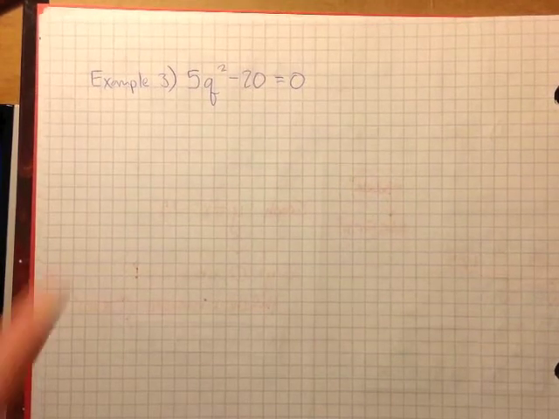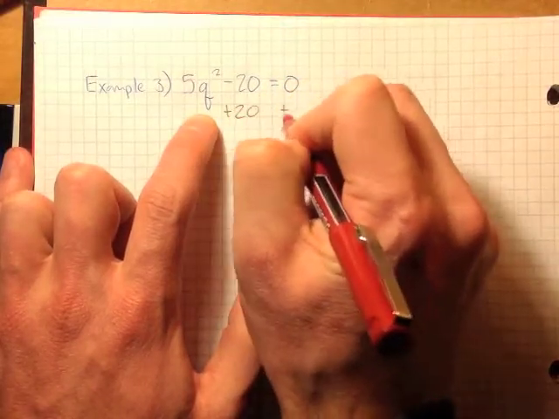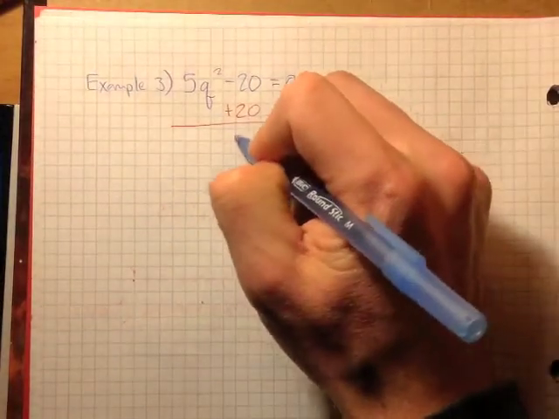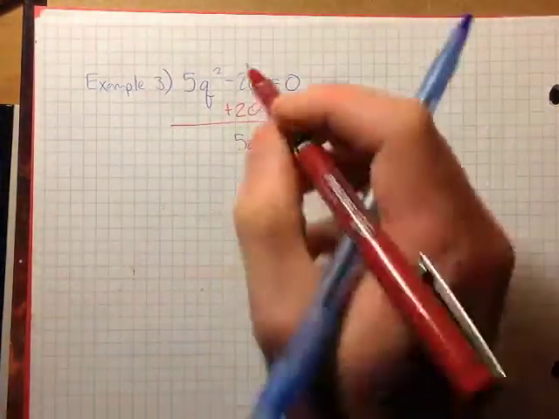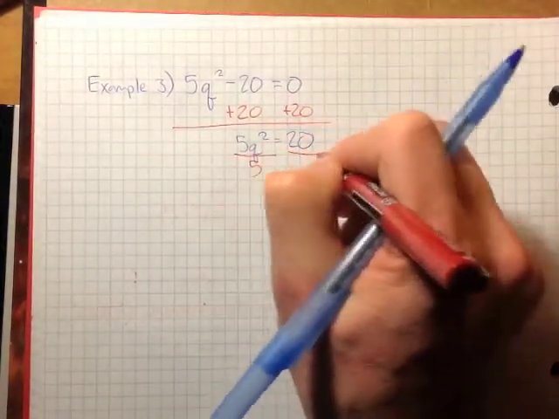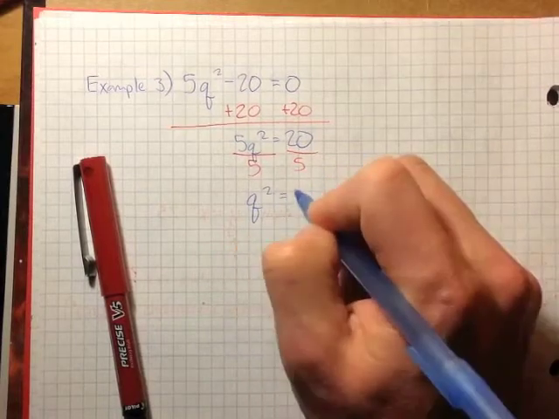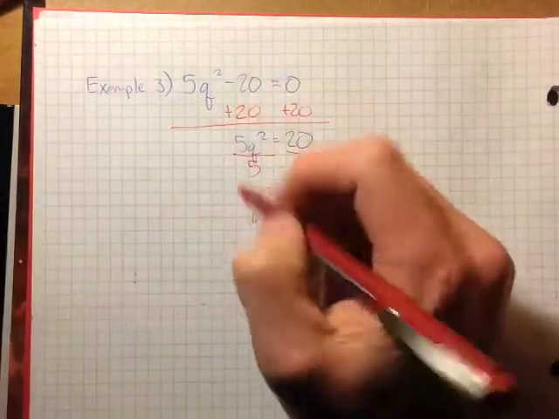So the first thing we're going to do, solve for q squared. So first thing, add 20 to both sides. So 5q squared equals +20. Second step is divide both sides by 5. So q squared equals 4. Square root both sides.